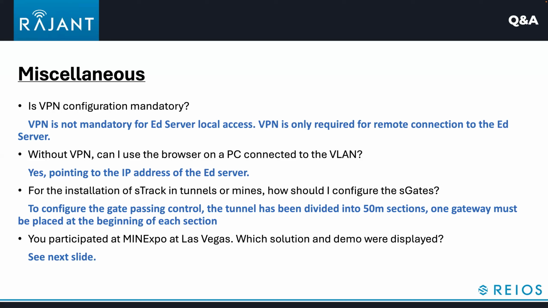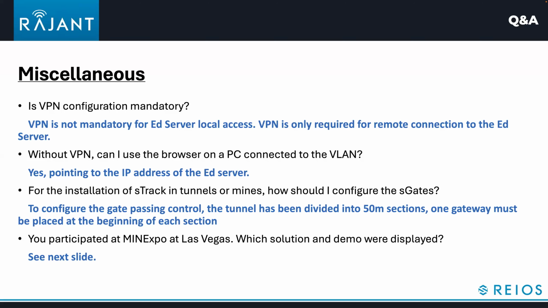For the installation of sTrack in tunnel or mine, how should I configure the S-gate? Okay, this depends on the environment. What is possible is that we can use the S-gate in different situations.